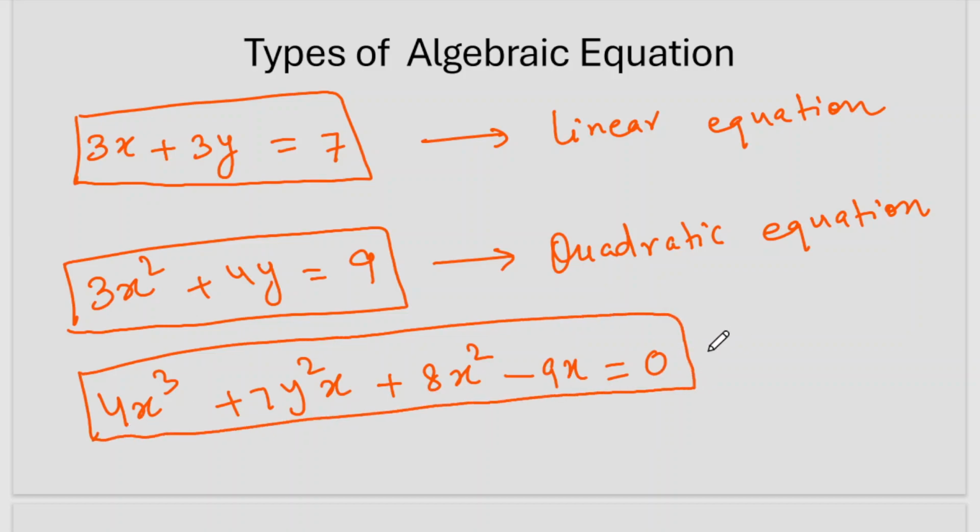Now, how will we name this? Since the highest power on the variable is 3, we will call it a cubic equation. Okay? So, very easy to remember all these things.